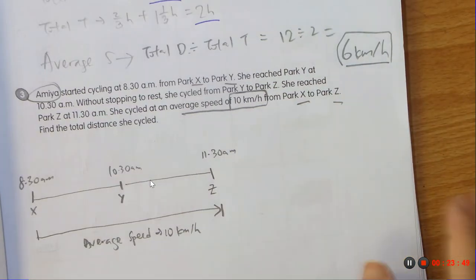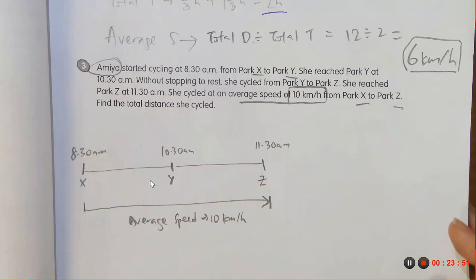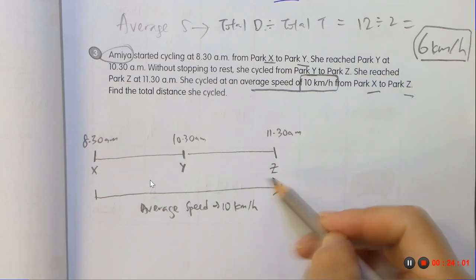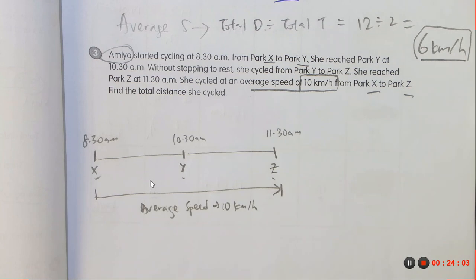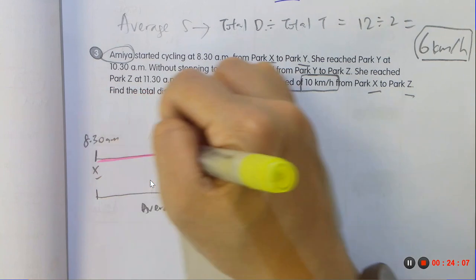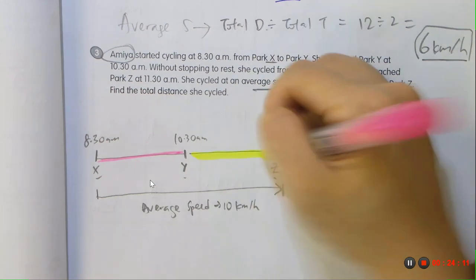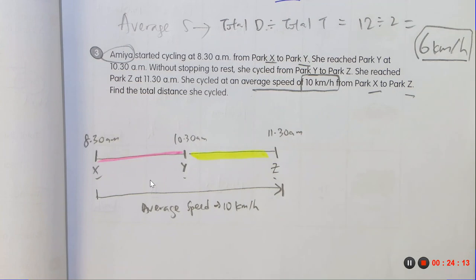Okay, wait. Just now, Hong Wei said 3 parts to the journey, is that correct? No, it's not. But why would you think it's 3? Because you heard X, Y, and Z. So remember, not the points, not the lines, but the spaces in between. That's the most important thing to pay attention to.